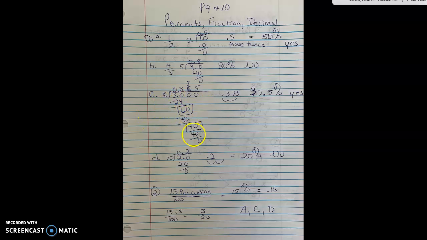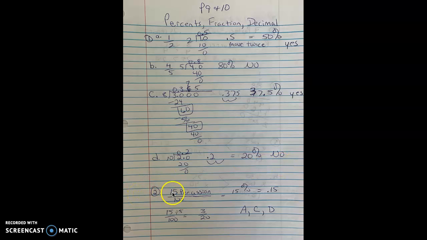And again, every time I got a remainder, I added a 0, bring down the 0, and divide again. And you get 0.375. Move the decimal twice to the right, and you get 37.5. So that's a yes. For D, again, I took 2 divided by 10, and I got 0.2. Move the decimal twice to the right, so I got 20%, so that's a no.